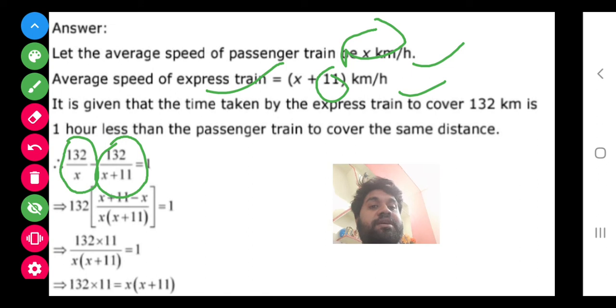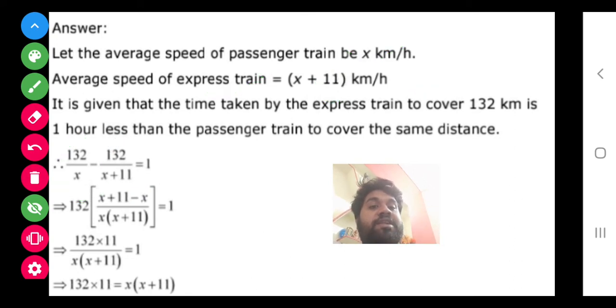The passenger takes 1 hour more, or you can say the express train takes 1 hour less than the passenger train. So the time taken by the passenger train minus the time taken by the express train, T1 minus T2, results in 1.